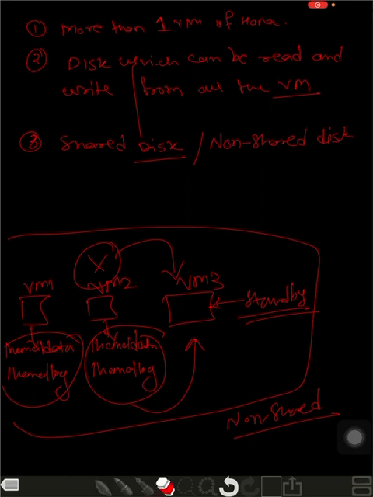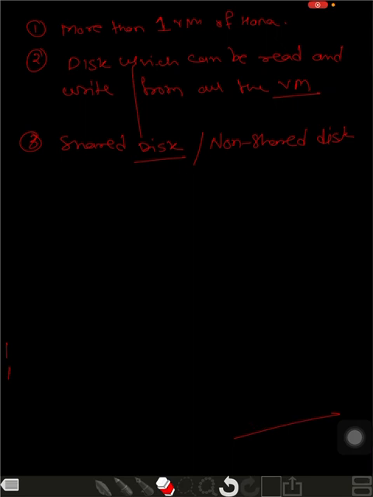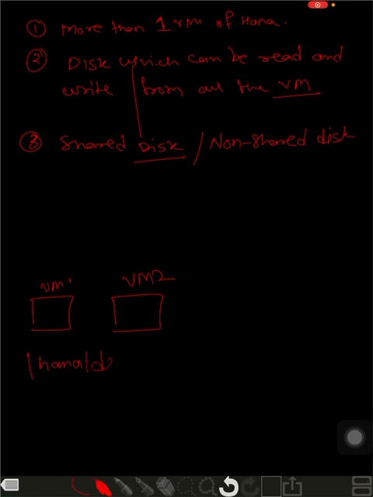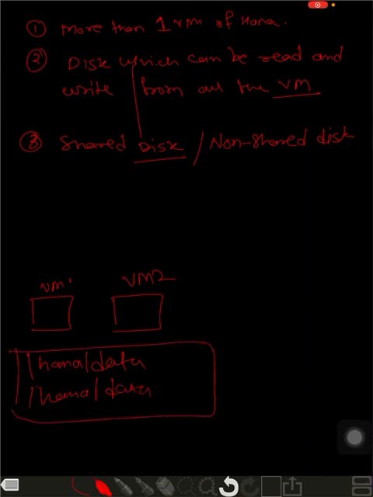Another scenario is when you have a shared disk. For example, you have VM1 and VM2, and /hana/data is shared across both the VMs, and assume VM3 is your standby, which is also covered with both the disks.